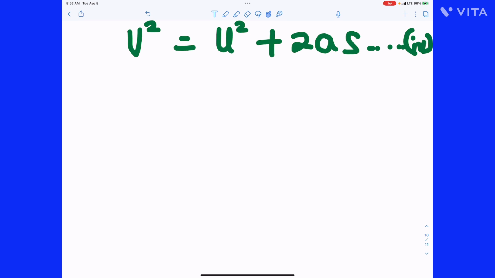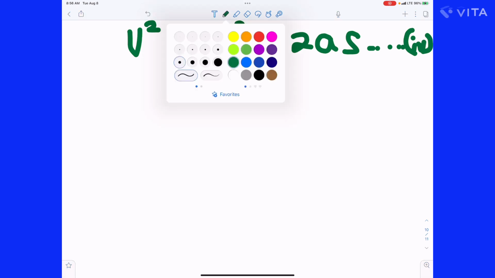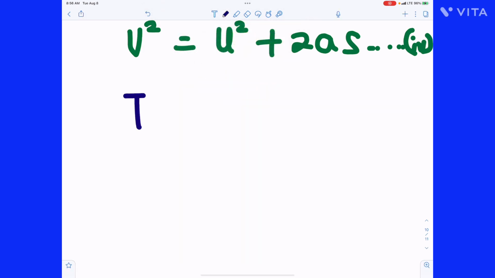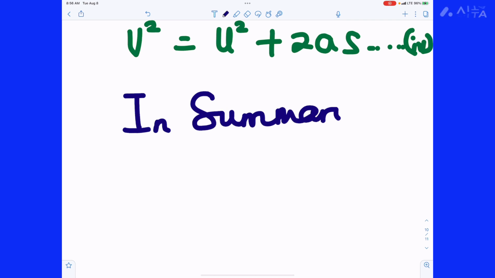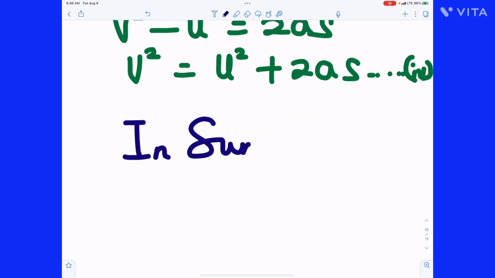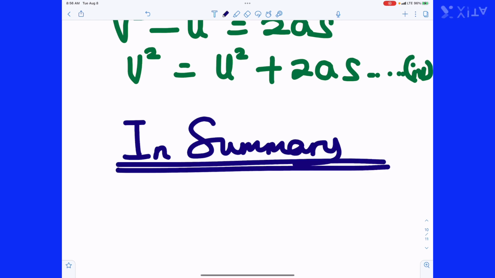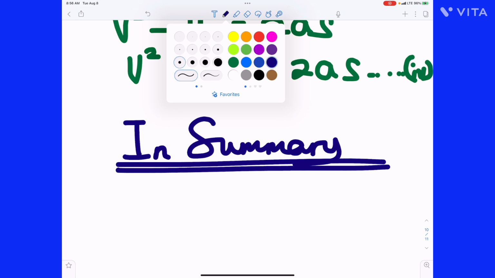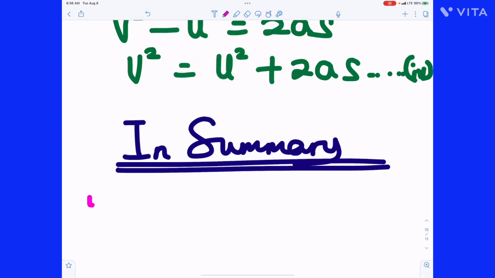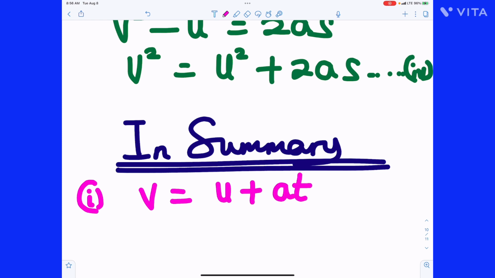Let's now summarize everything. In summary, my equations of motion are: equation 1, v is equal to u plus at.